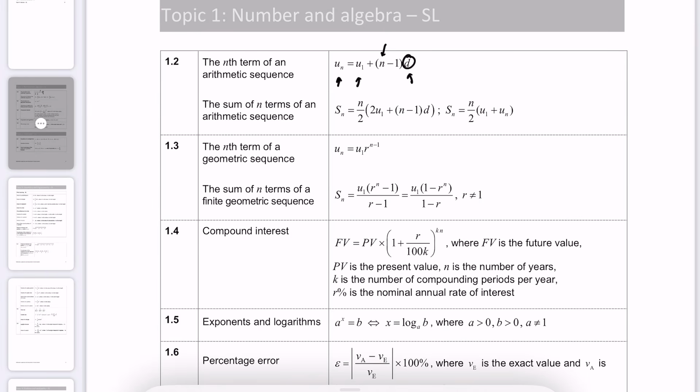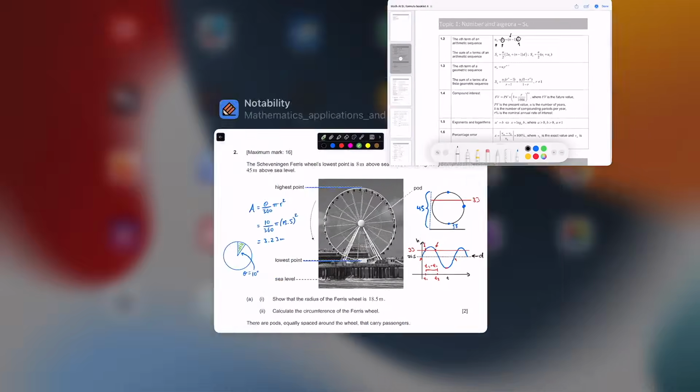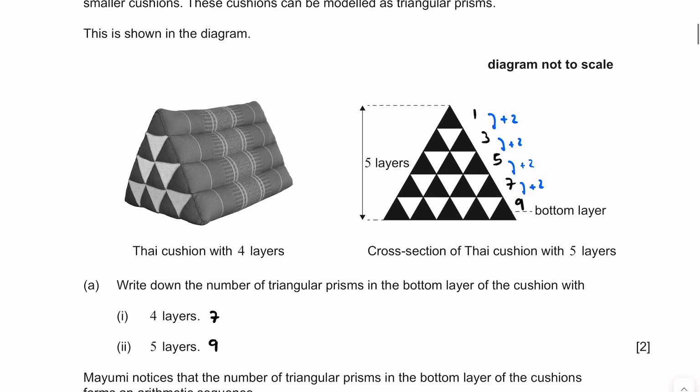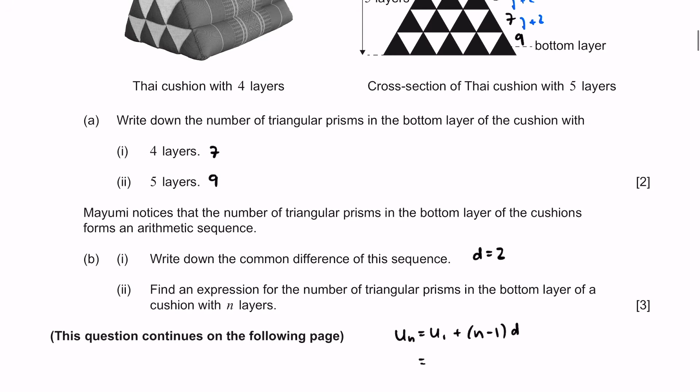Really, we're interested in finding d and u1. If we have those two ingredients, then we can write a formula. So let's go and write that out and see if we can substitute. So un is equal to u1 plus n minus 1 times d. u1 is the value of the first term, in this case, the number of triangular prisms in the first layer, and that equals 1.